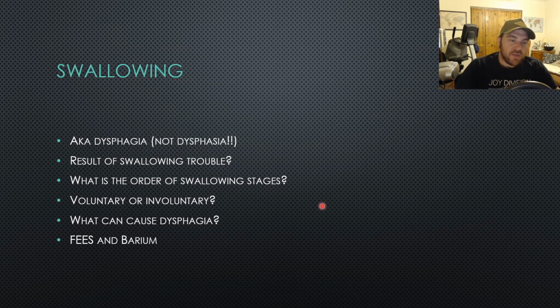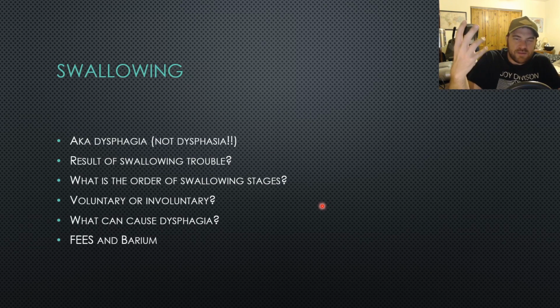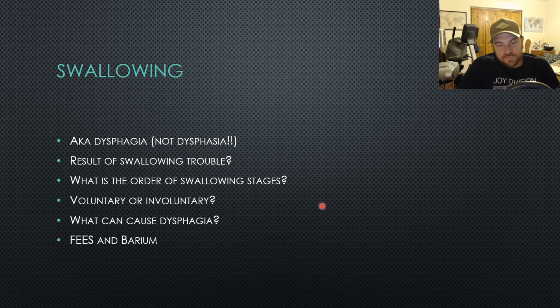So then you go to the oral preparatory stage, and the preparatory just means you're preparing the food to swallow it. So you're chewing it, you're turning it into a bolus, which is a mixture of food and saliva, kind of a ball. It's Latin for ball. That's essentially the oral preparatory stage.